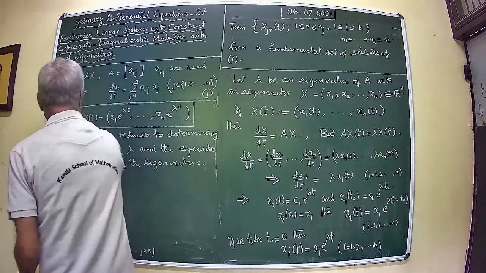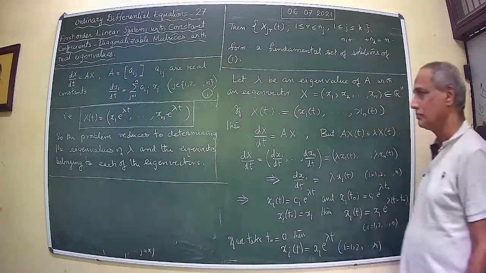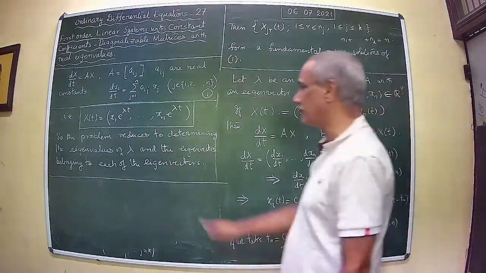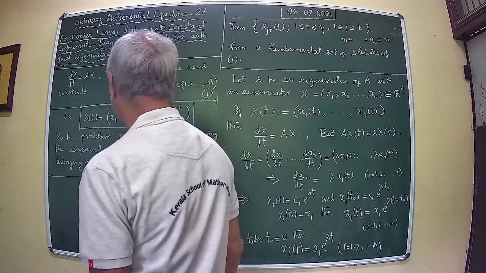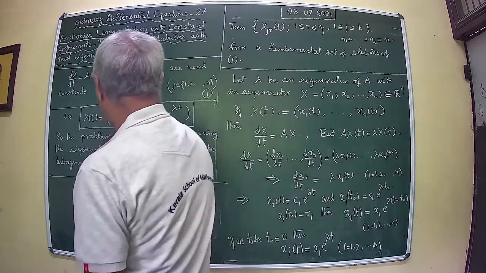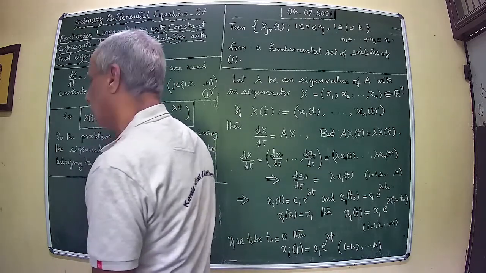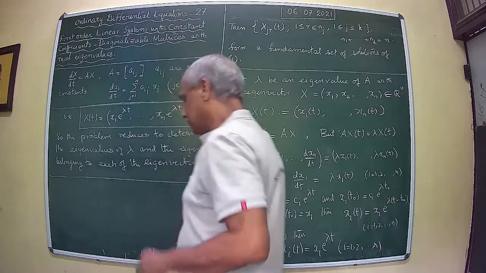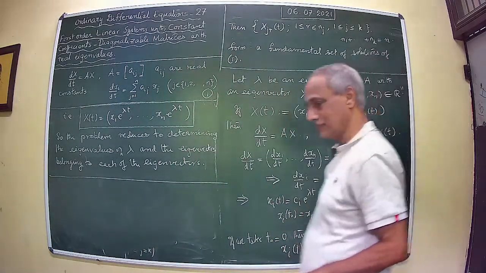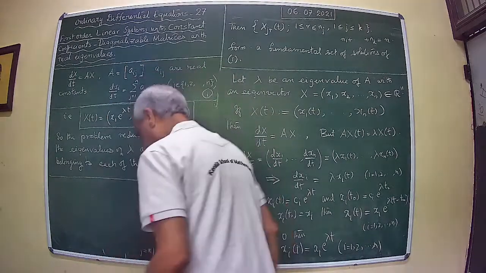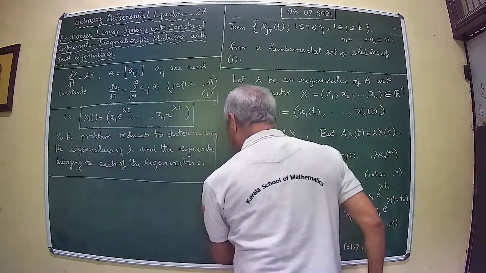Once you determine that, you can immediately get the solution written in this form. Quite simple. So for lambda, you put the corresponding eigenvalues, and with the associated eigenvector belonging to the eigenvalues will give you the result. Okay, now let me just work this out.